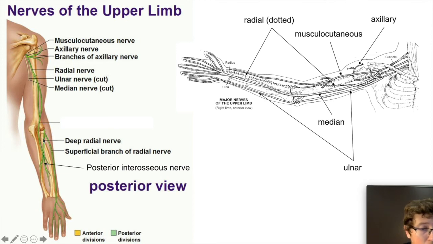One's the deep radial nerve, which is going to be higher or more proximal compared to the supinator muscle. So once the nerve passes the supinator muscle, which will be in this region, it will then become the posterior interosseous nerve. So in general, the radial nerve, in addition to triceps, will innervate the extensor muscles of the wrist, allowing us to pull our wrist back.